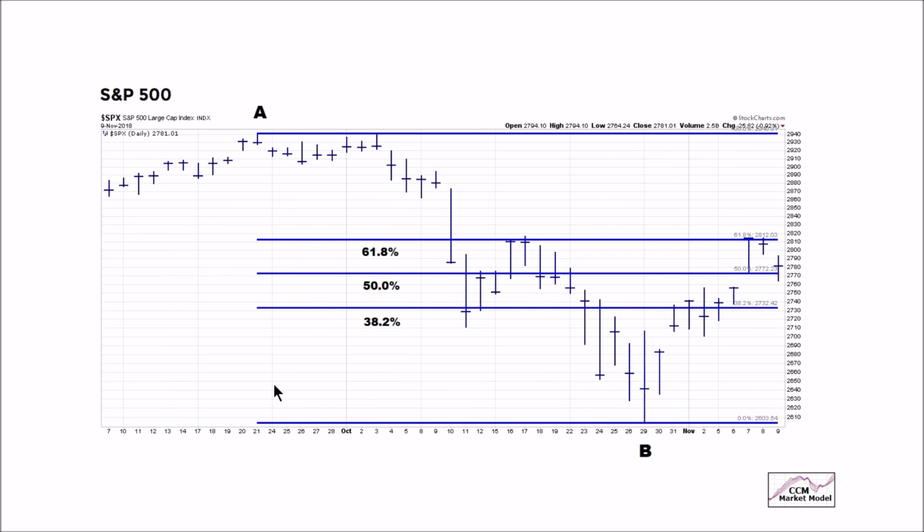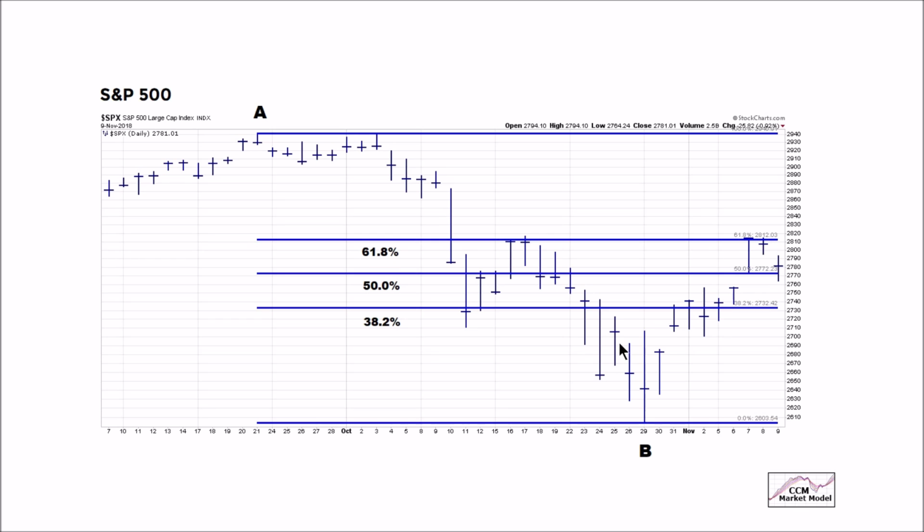Here's another chart that would help us keep an open mind about worse than expected outcomes or ongoing volatility, even if this is a bottoming process. So here's an A to B move from the all-time high to the recent low. If we're in a bear market, this would be a normal retracement within the context of a new bearish trend.